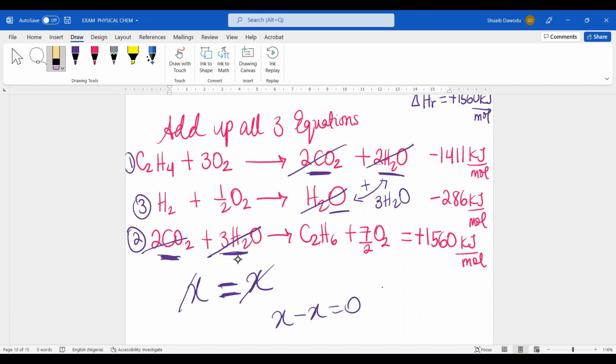So we have successfully canceled out H2O, which is water. Now what we have left is O2 on the reactant side for reaction 1 and reaction 3. But then we have O2 again, sorry, on the product side of reaction 2.